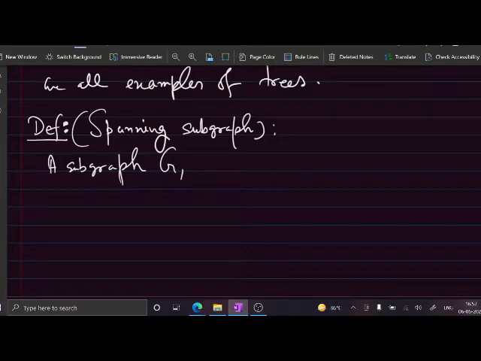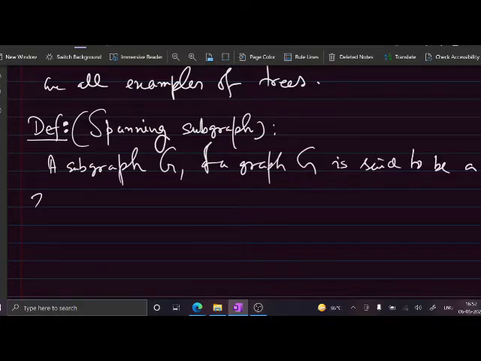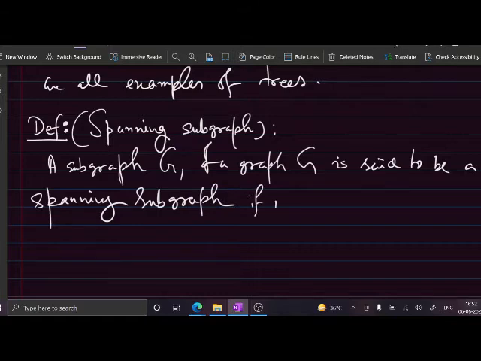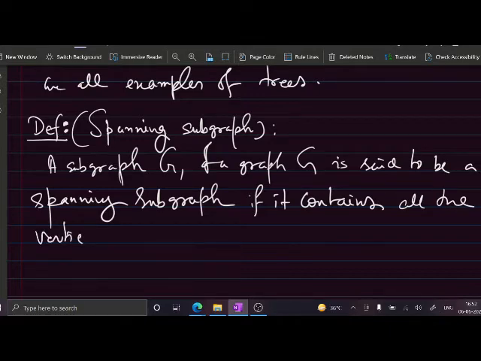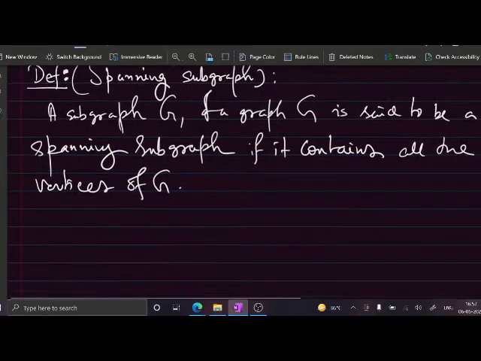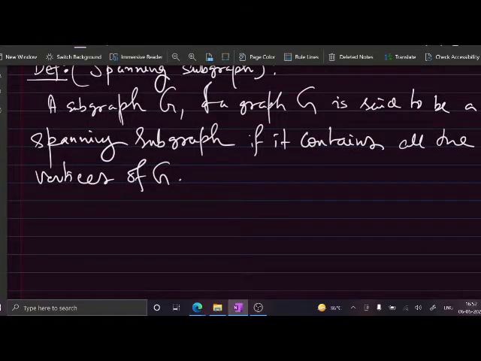So a subgraph G1 of a graph G is said to be a spanning subgraph if it contains all the vertices of G. So a subgraph of a graph is called a spanning subgraph if it contains all the vertices of G.